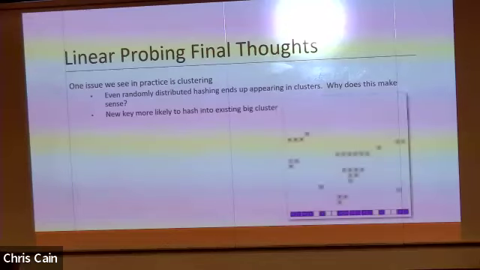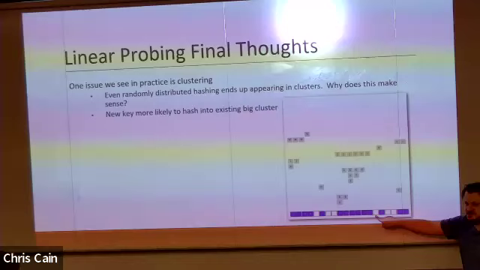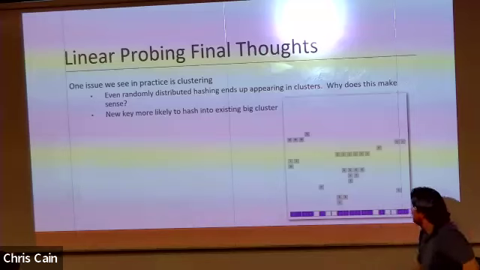So in practice, we get things that look kind of like this. So lots of potential values would map into the cluster, which tells us that it's very likely that this is the next cell that gets filled. The next most likely place is going to be here.